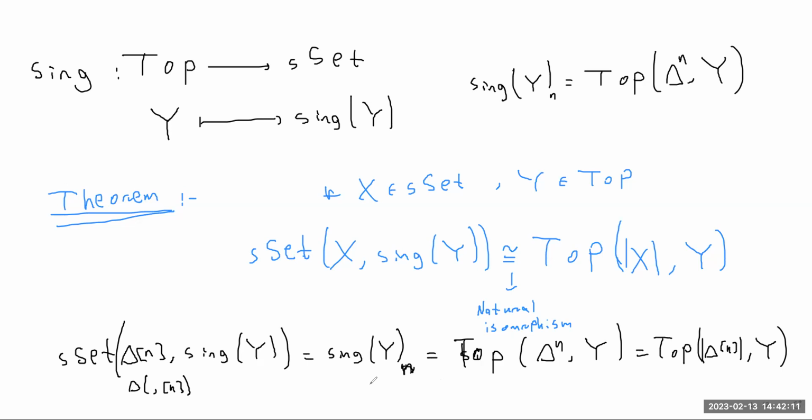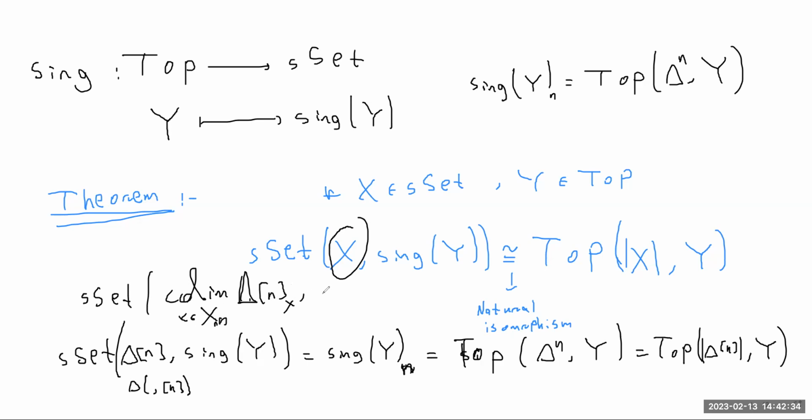From here one can prove it's correct for every x, because we can write x as this colimit of delta n, for every x in any degree. The colimit becomes a limit outside, and using this we will see that we get the realization. So it's easy to prove this in general.